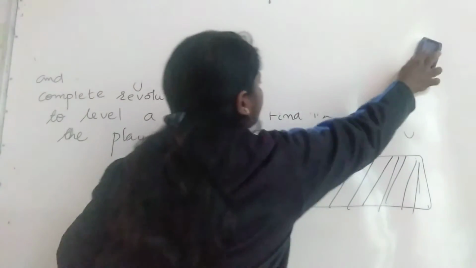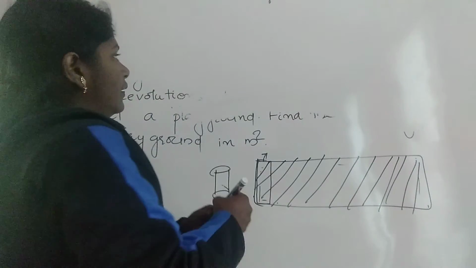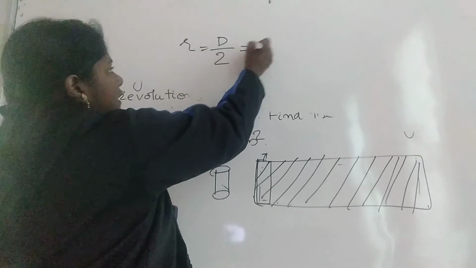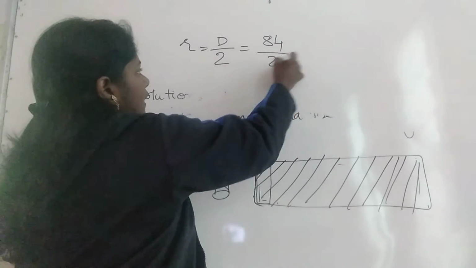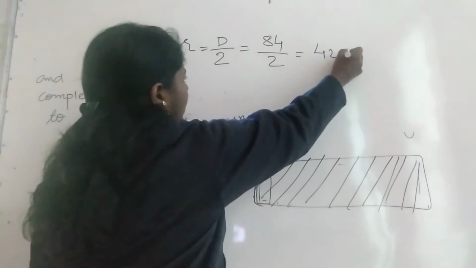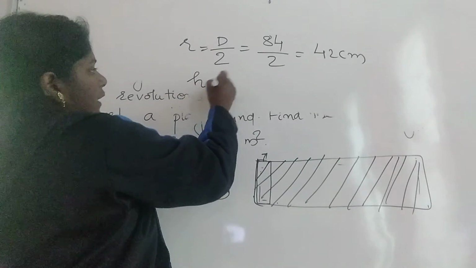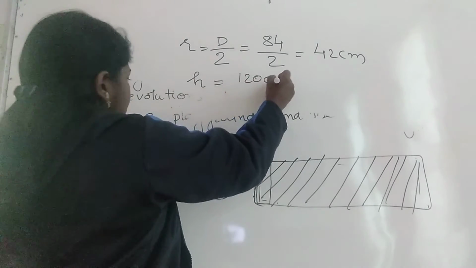First we should write the given data. Radius equal to diameter by 2, that is 84 by 2, that is 42 centimeter. So radius is 42 centimeter, and height is equal to 120 centimeter.